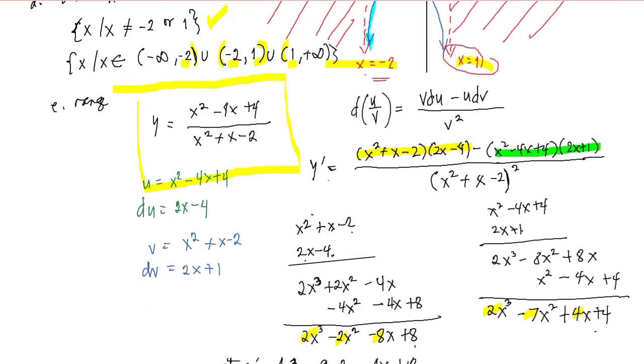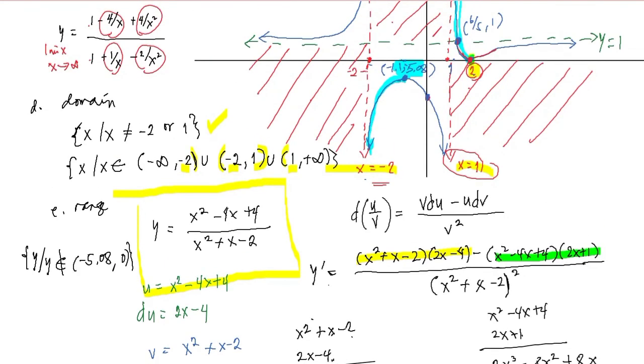Para masagot natin yung range natin, our range is any value of y such that y is not an element of the set from the negative 5.08 up to 0. No? So, yung value simula dito sa highest point hanggang dito, yun ay hindi kasama sa range natin. No?